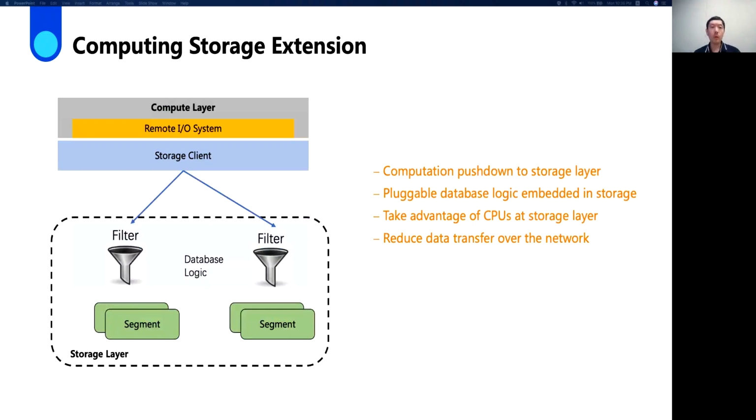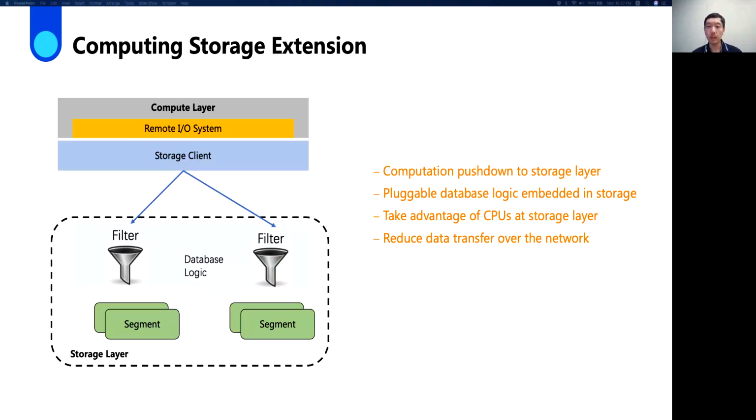Finally, we will talk about the computing storage extension. Originally, we implemented some database logic in the storage layer, which is redo log replay. But we can do something more, because one benefit is that we can take advantage of the CPU resource on the storage layer.